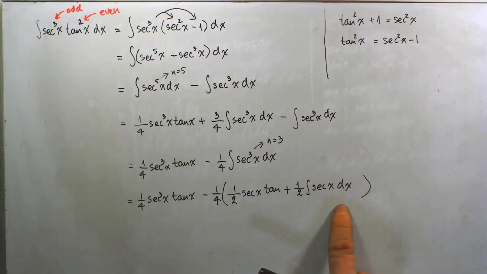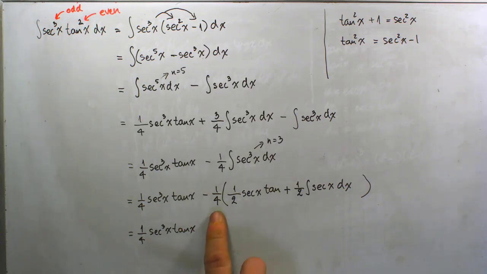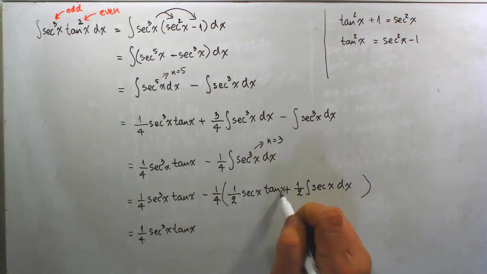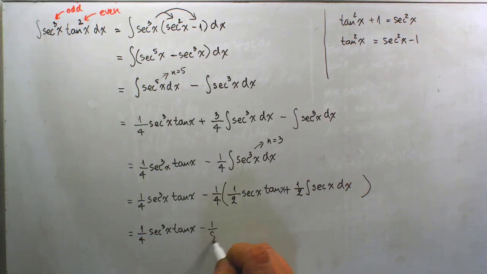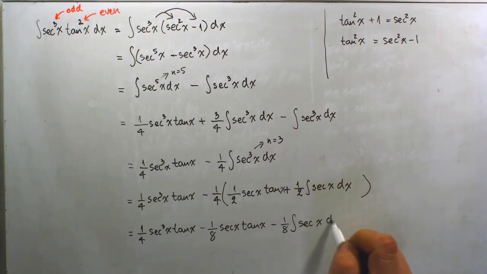Before moving to the next step, I am going to distribute that negative 1/4. The first term, 1/4 secant cube of x times tangent of x, came from the previous steps, already finished. Now minus 1/4 times that first term gives minus 1/8 secant of x tangent of x, and then further minus 1/8 times the integral of secant of x dx.